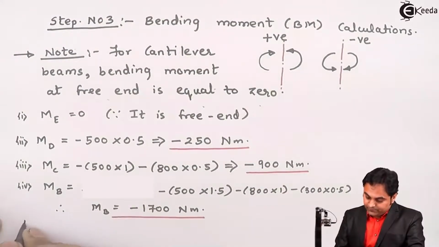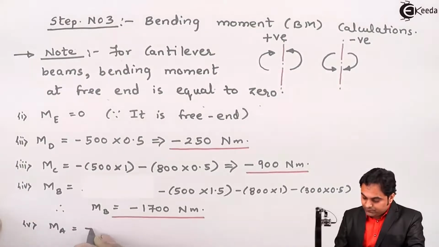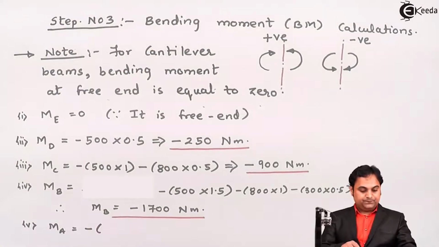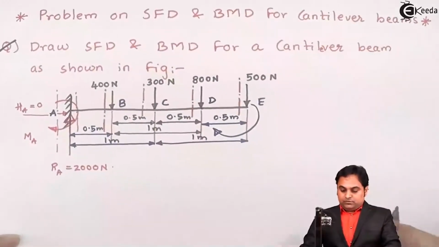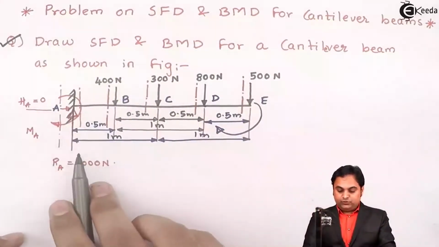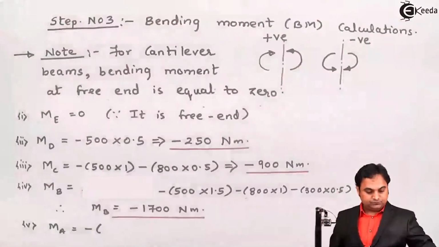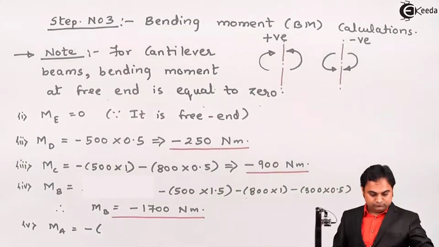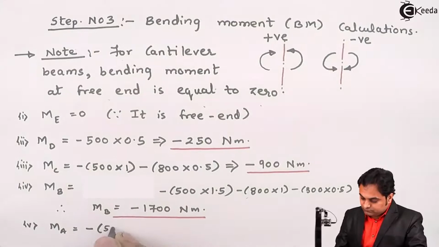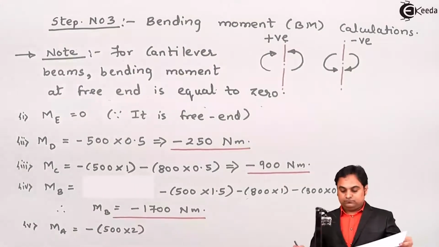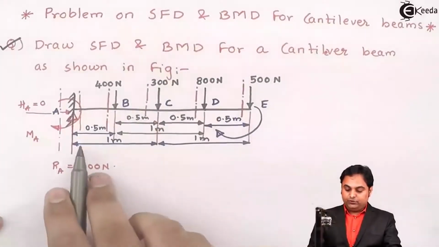Next, moment at point A is equal to minus 500 into 2, minus 800 into 1.5.